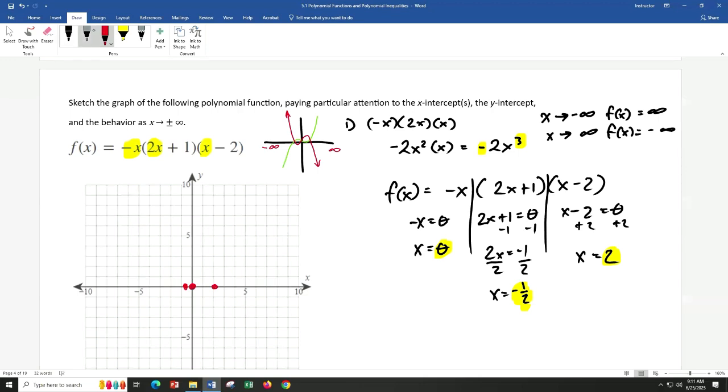Well, we said as x approaches negative infinity, where should my line go? Right here. Where should it go? As x is going this direction, where is y? Up. As x approaches over here at the 2, where's it going? Down. So that means it's got to come up here, down, up, and then back down.